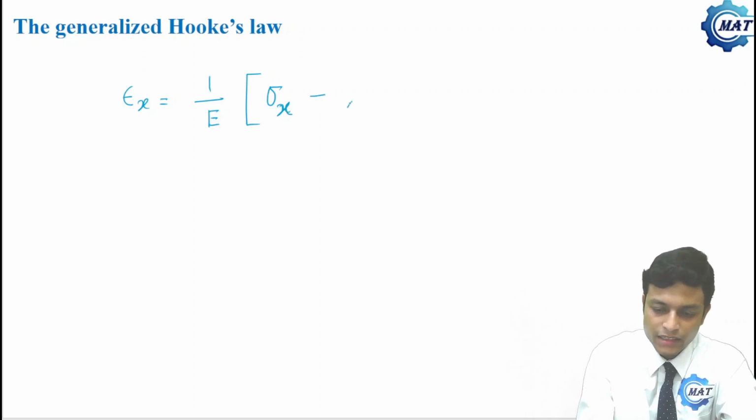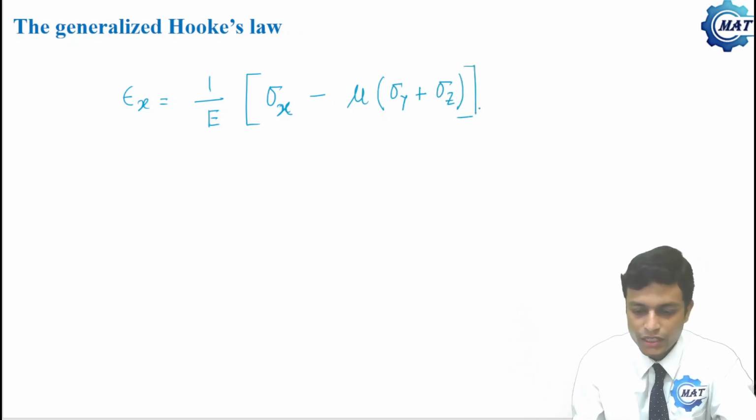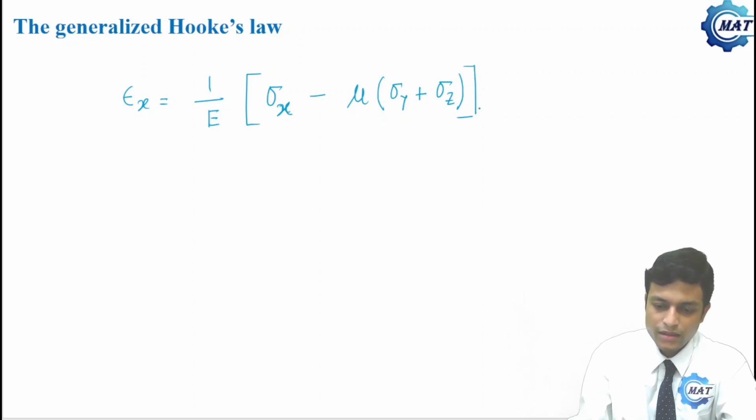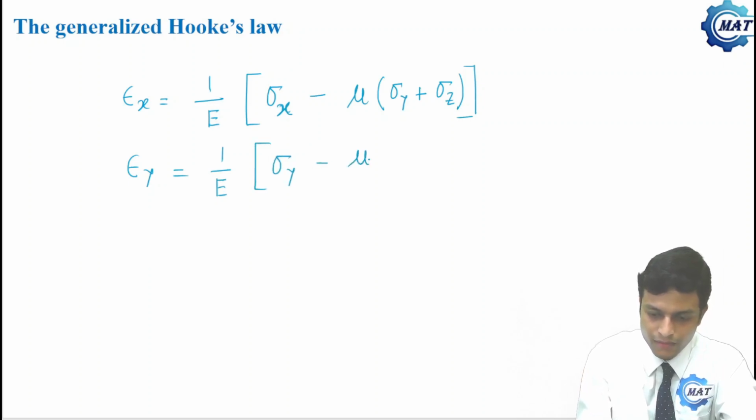What will be that reduction? That will be mu into sigma y plus sigma z. I am not going into the derivation of this equation, which you have done at class 12 level. I am just writing it, and I have given the fundamentals behind this.